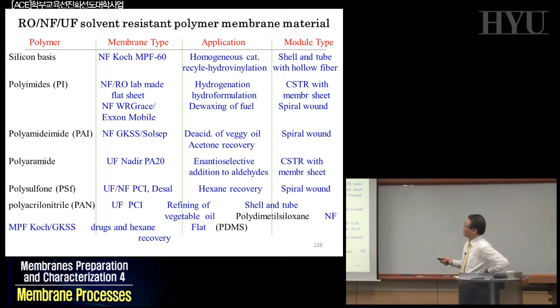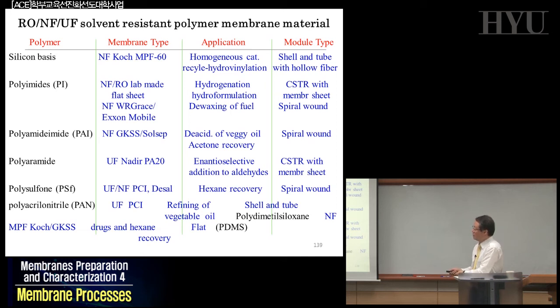Polyamide-imide membrane has been known for a while, and this was manufactured by Union Carbide, but right now Solvay is manufacturing Torlon. Polyaramide is of course very highly chemically resistant, and this was of course made by DuPont.